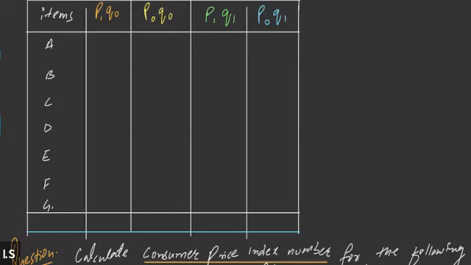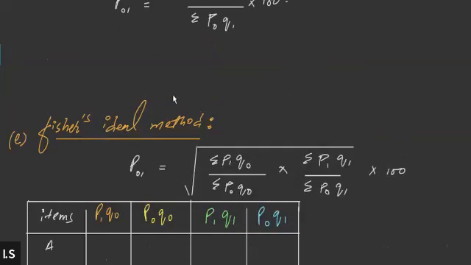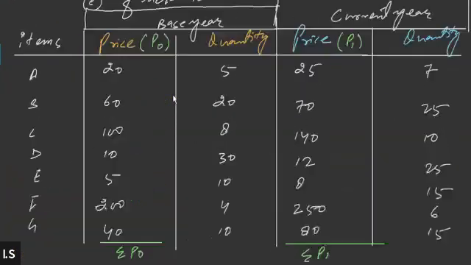Tell me, Alexander, the total of P1Q0. 4,885. And P0Q0. Sir, I'm calculating. Okay, just tell me the P1Q0 item wise.